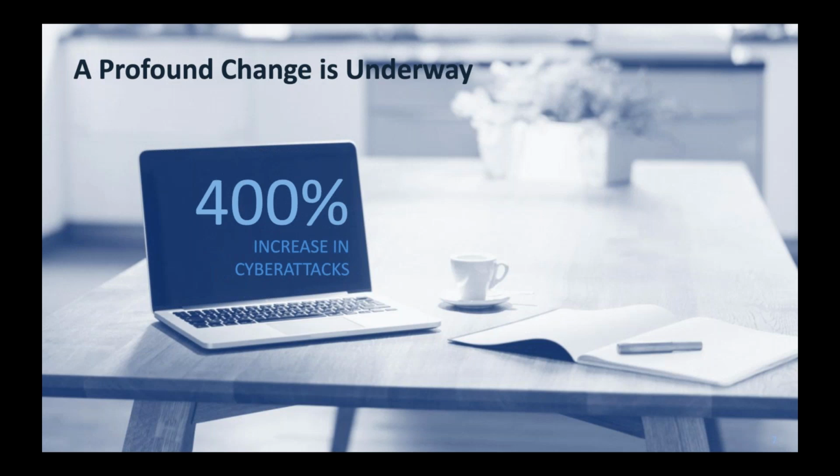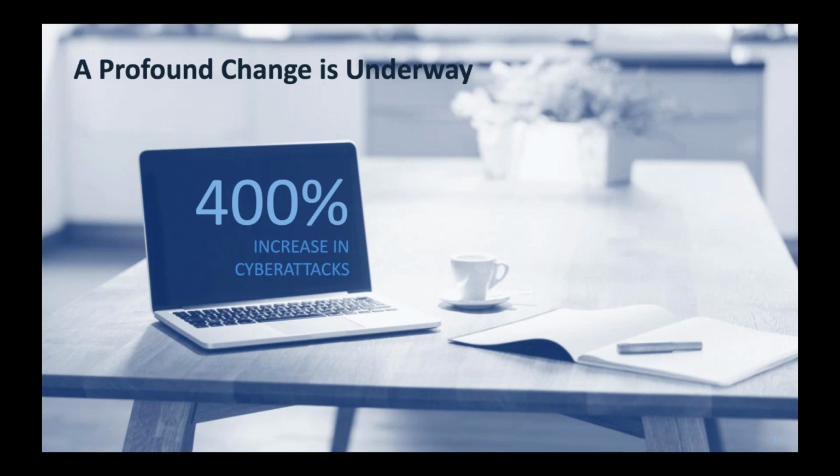But unfortunately, cybercrime has really taken advantage of this situation. The FBI recently reported that the number of complaints they're getting to their cyber division is up to 4,000 a day, which is up 400%. I guess it was 1,000 previously, before the coronavirus outbreak.